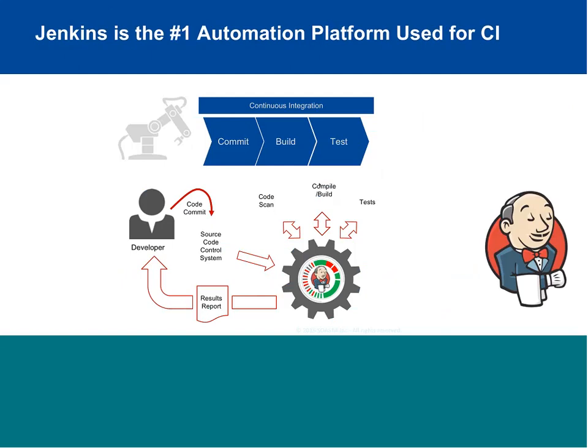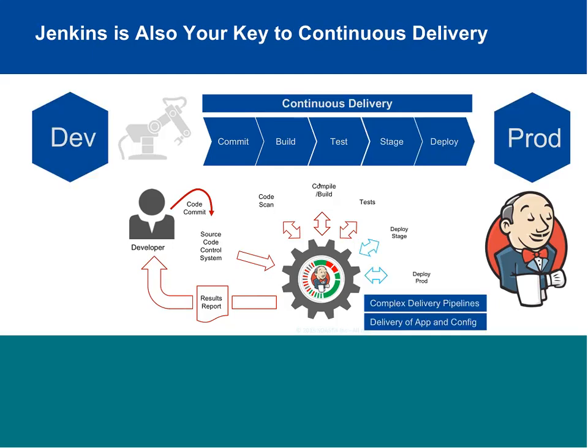So, enter Jenkins into the picture. Jenkins has long held the position as the #1 automation engine used for continuous integration. But as we start to talk about this concept of shifting our production concerns like our performance tests to the left, it's important to note that Jenkins is also a key to your continuous delivery pipeline.